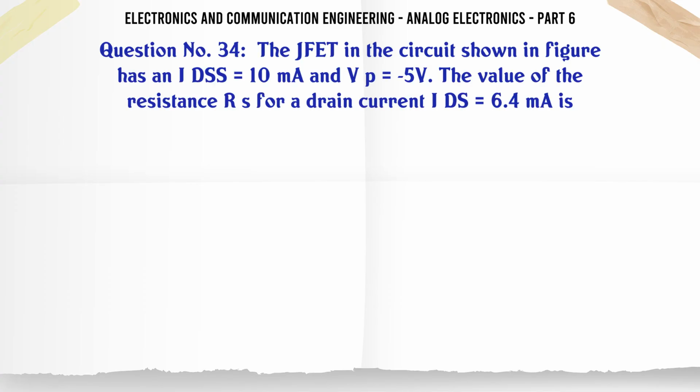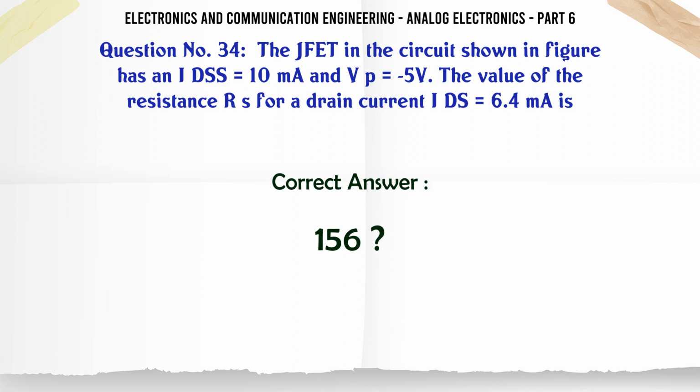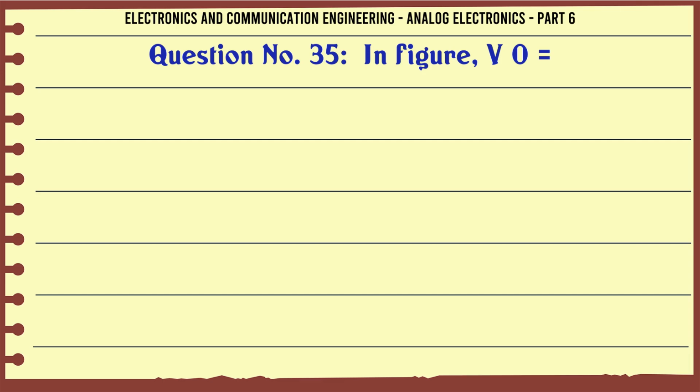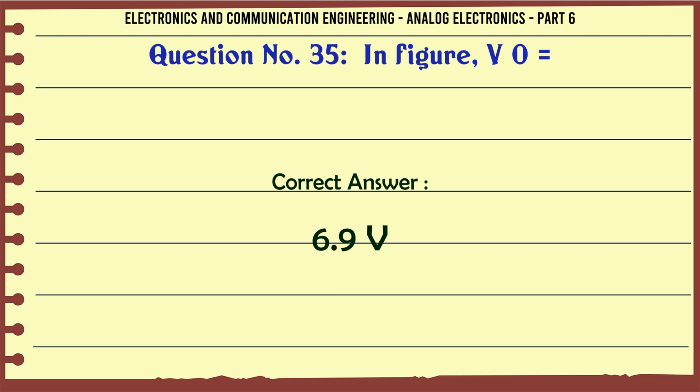The JFET in the circuit shown in figure has IDSS 10 mA and Vp 5 V. The value of the resistance Rs for a drain current IDS 6.4 mA is: A. 156, B. 470, C. 560, D. 1K. The correct answer is 156. In figure, V0: A. 0, B. 5.7 V, C. 6.9 V, D. 12.6 V. The correct answer is 6.9 V.